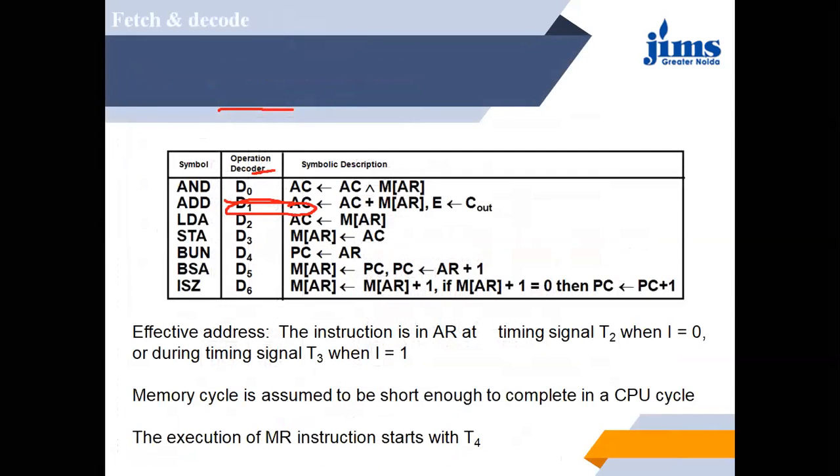When D0 is going to be selected, means we are performing the AND operation, where AND of accumulator and from the memory. How will we come to know at which point the address pointer is?